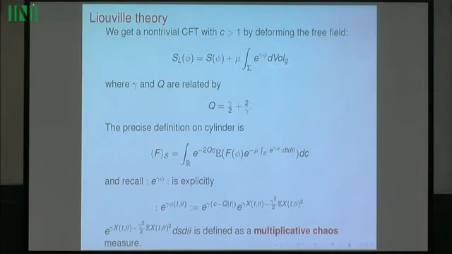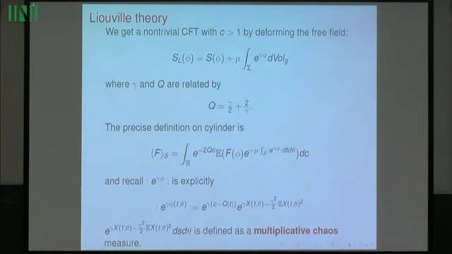You take the exponential of the free field and integrate it over the volume on the surface, and put a constant mu here, which is called the cosmological constant. And to have conformal invariance, the number q, which occurred here, is tied to the gamma, which occurs here, by the following formula.